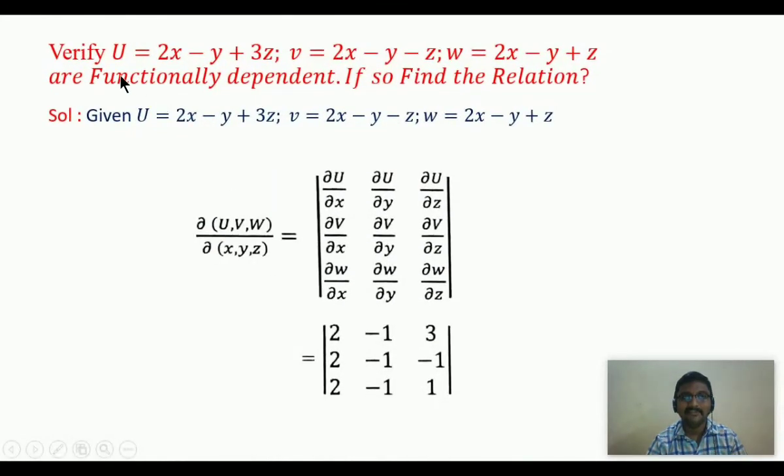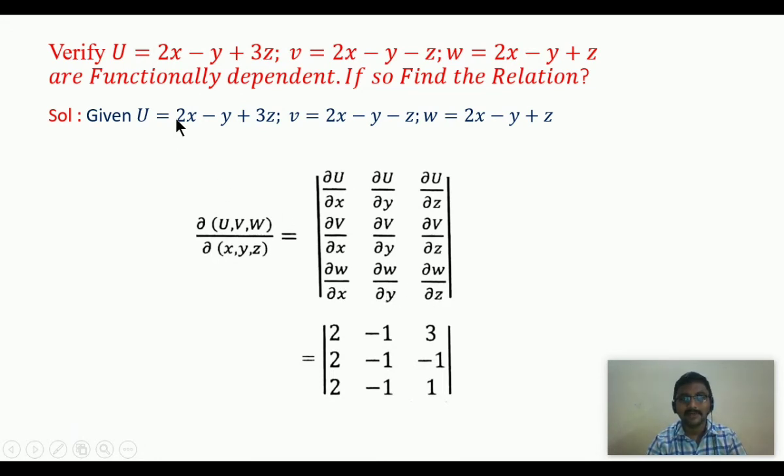Another problem, verify u is 2x minus y plus 3z, v is 2x minus y minus z, w is 2x minus y plus z are functionally dependent. If so, find the relation among the given u, v, w values. Dou of u, v, w by dou of x, y, z. The formula is a determinant of dou u by dou x, dou u by dou y, dou u by dou z, dou v by dou x, dou v by dou y, dou v by dou z, dou w by dou x, dou w by dou y, dou w by dou z.